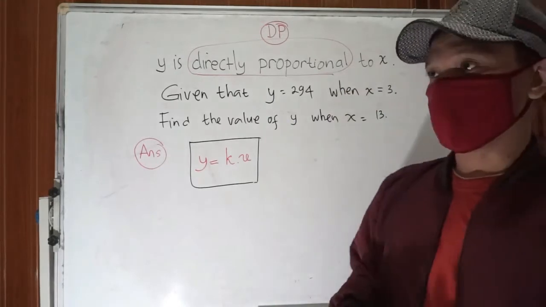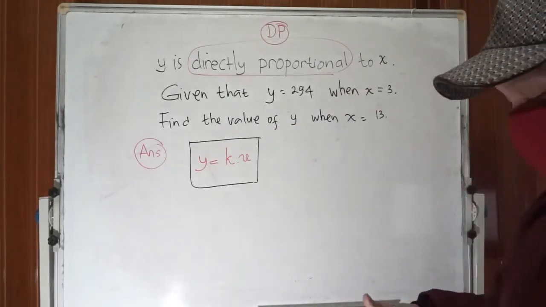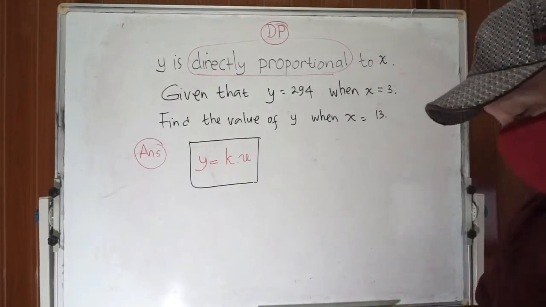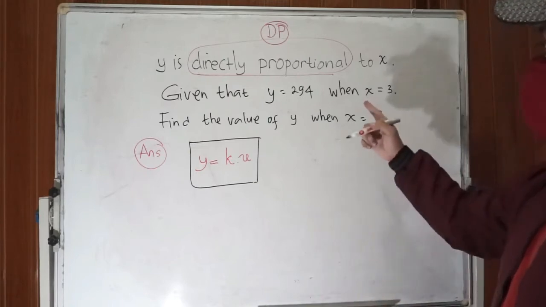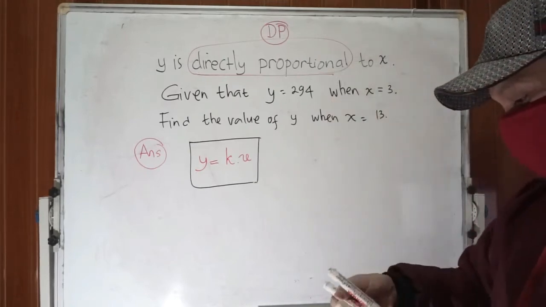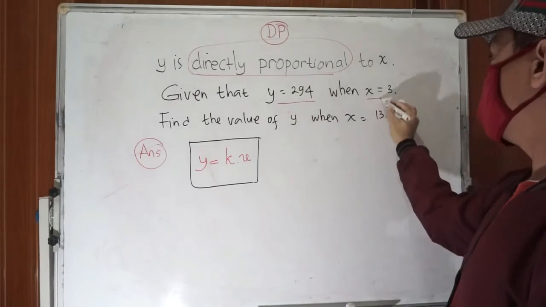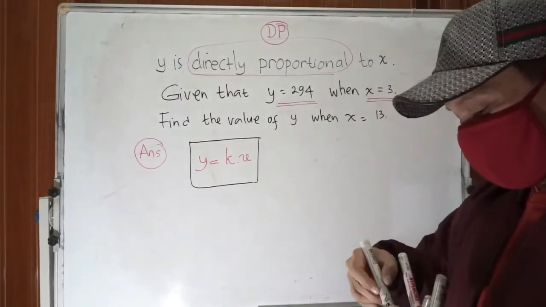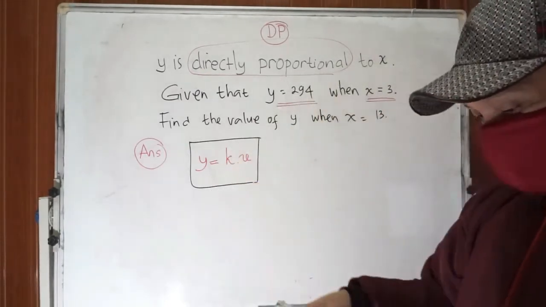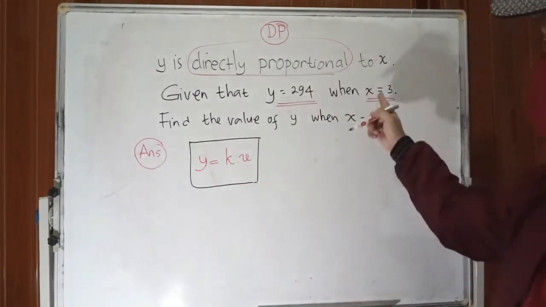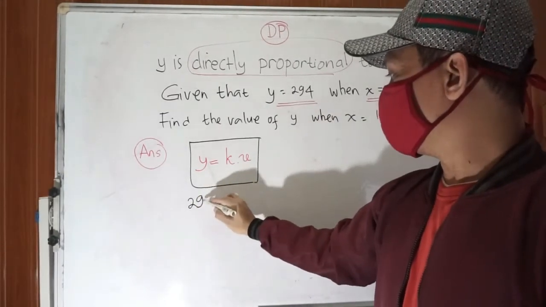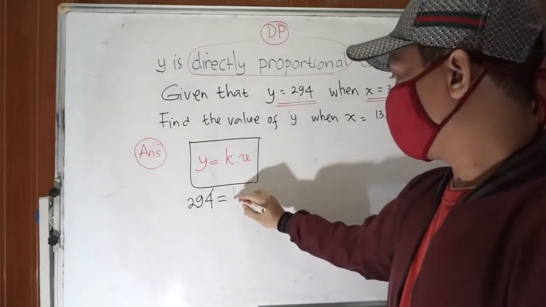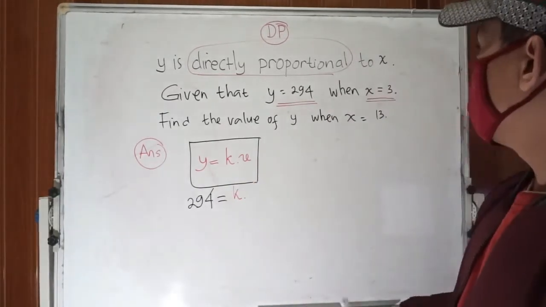Now our job is to find the value of k by inserting y and x based on the information in the question. So y is 294 and x equals 3. We can insert both here. So 294 equals k times x, where x is 3.